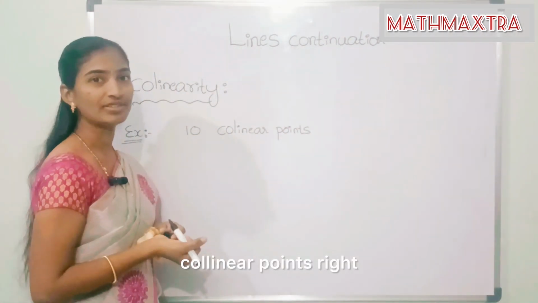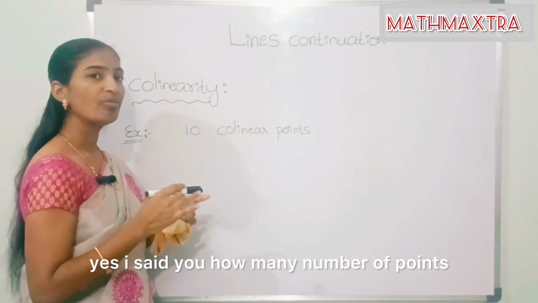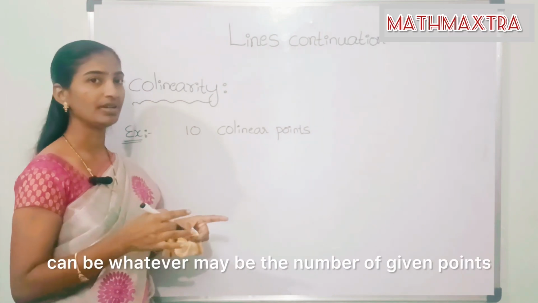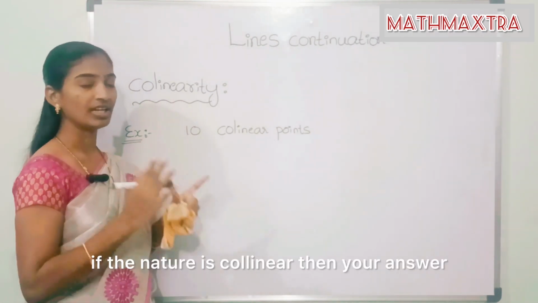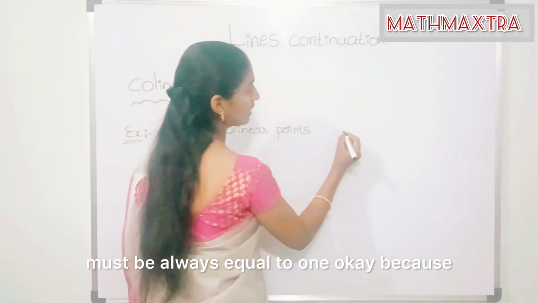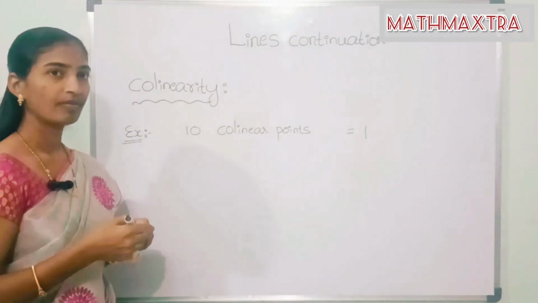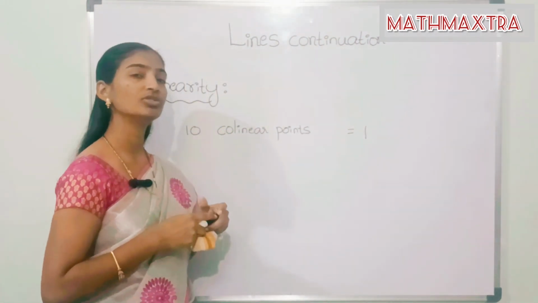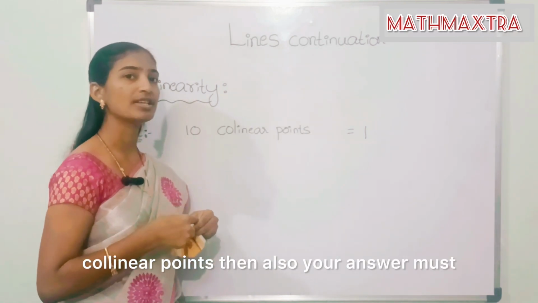I told you: whatever the number of given points, if the nature is collinear, then your answer must always be equal to 1. Even if you take 2024 collinear points, your answer must be 1.